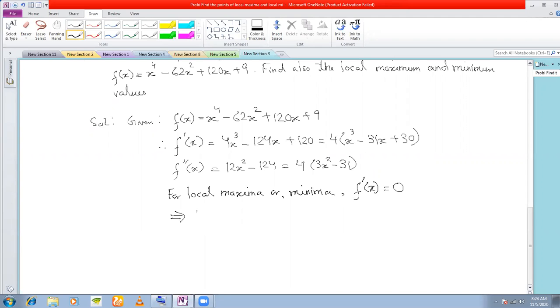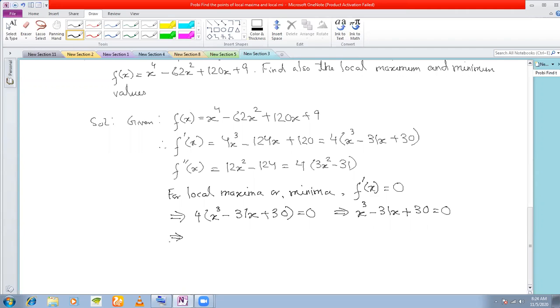So what is the value of f'(x)? 4 times x cube minus 31x plus 30 is equal to 0. That means x cube minus 31x plus 30 will be 0. Now this is a cubic equation.